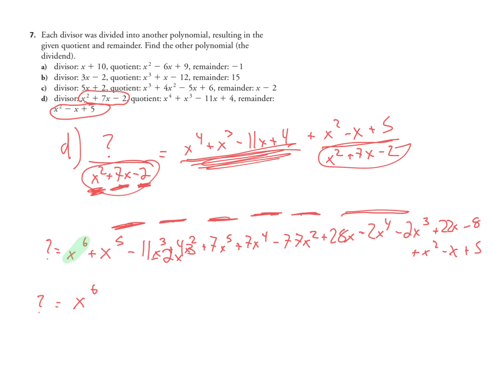Oops, that was a mistake. x to the 5, 7x to the 5, so that's 8x to the 5. So we got our plus 8x to the 5. And let's go to the x to the 4s. Plus 7x to the 4 minus 2, so plus 5x to the 4.